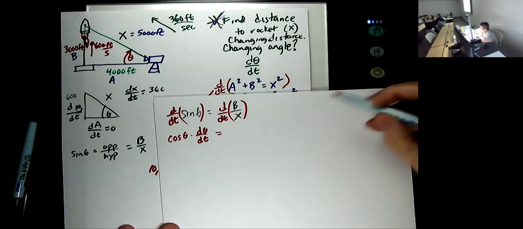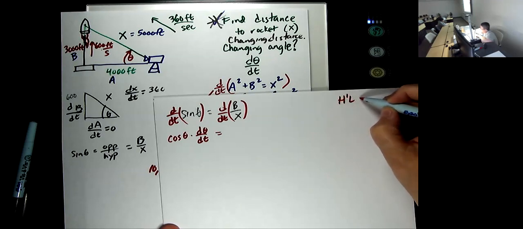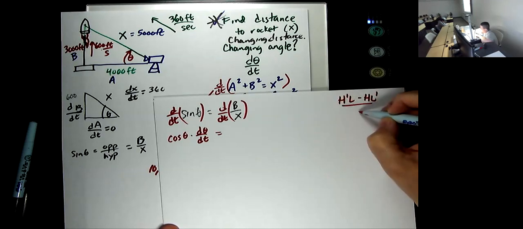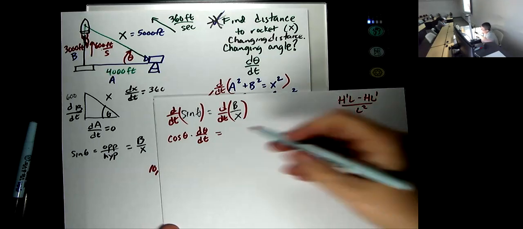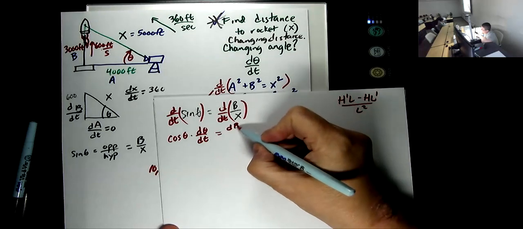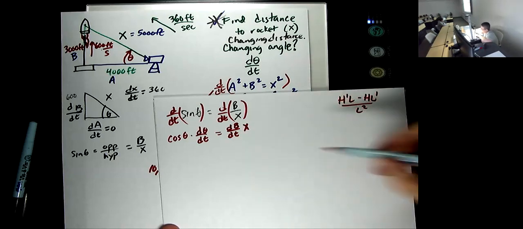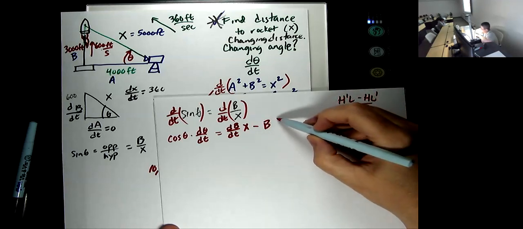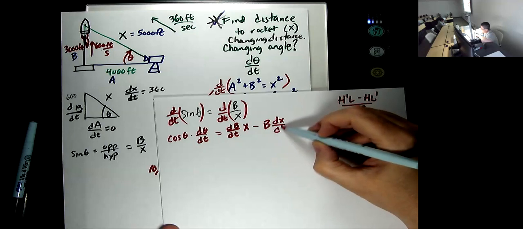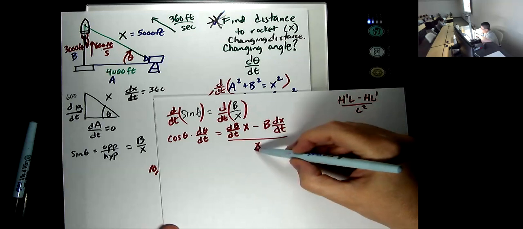And here we got high prime low minus high low prime over low squared. High prime is derivative of b, so I've got db dt times low, which is x, minus high, which is b, times low prime, which is dx dt, all over low squared, which is x squared.